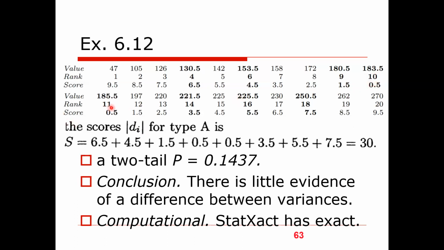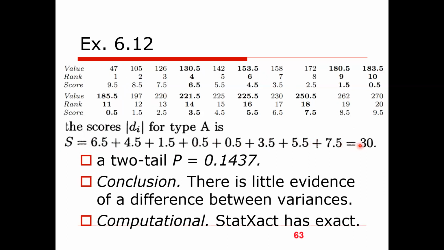Because they are right in the middle. Their DI is low. Then the farther away from the center, the more far into the tail, then the larger DI they have. So given all this DI, and it's symmetrical, right? The first item is 9.5, the last one is also 9.5. Then we can calculate S. That is the sum of these scores for one sample.